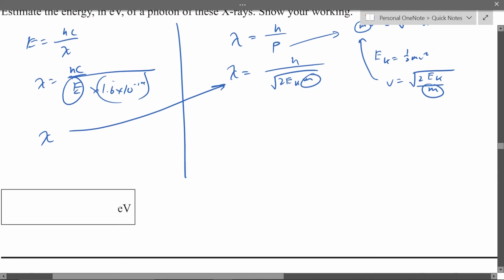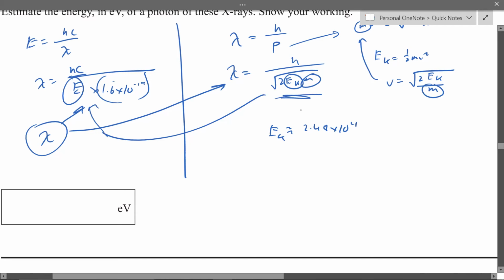I didn't write my in-between steps, but, oh sorry, you're not trying to find lambda, you're trying to find Ek, because you already know lambda. Lambda is the one you saw from here. So Ek is 2.4 times 10 to the 4. You actually get the answer in joules here because we used kinetic energy. That's why we had to convert this one to joules. But once you get this answer, you should convert it to electron volts, because that's what the question is asking.